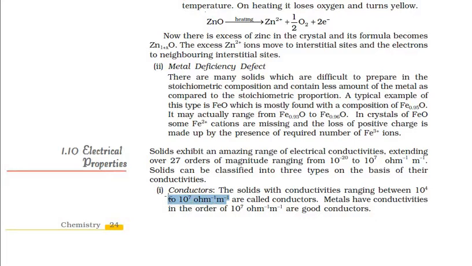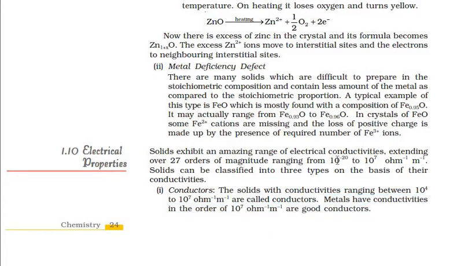Here we are talking about electrical conductivity, not thermal conductivity. So we are going to discuss this topic in terms of electrical conductivity only. Now metals, which have conductivity in the order of 10 to the power 7 ohm inverse meter inverse, are good conductors.